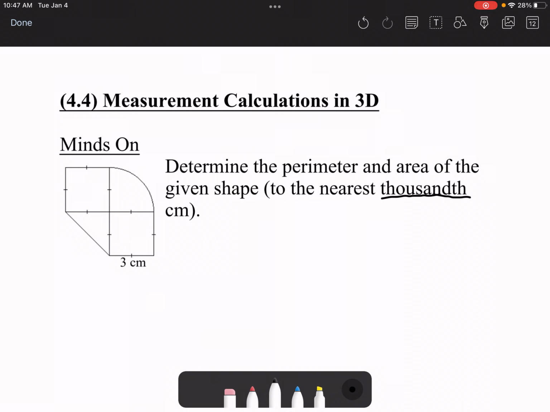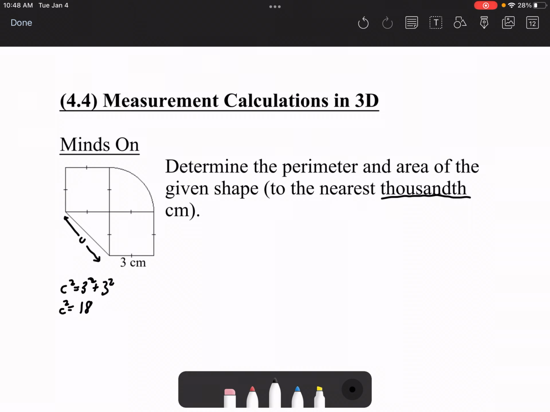Okay, so now that you've tried that, here is how I would do it. I would find this length right here as one of my first lengths that I need in order to find my total perimeter. I'm going to call that length C, and I'm going to calculate it by taking 3 squared, adding 3 squared.